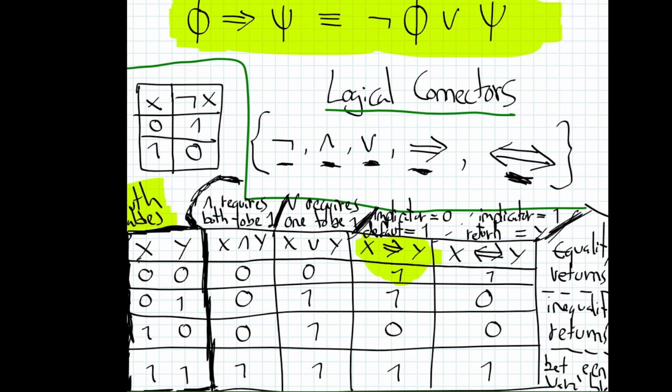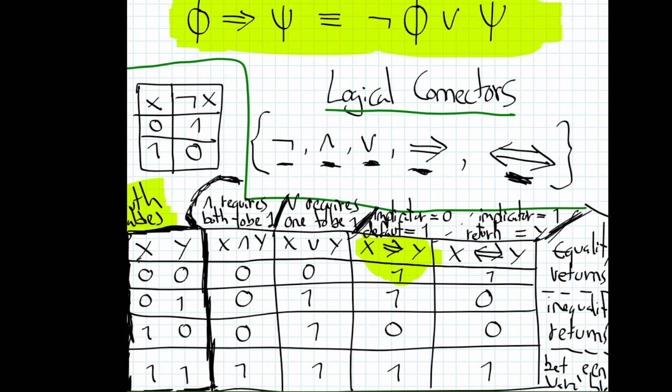If you had only one variable, that's 2 to the 1, and the result is 2. So the exponent is the number of variables, base 2 is what we have by default when we do binary operations, and the result is 2 rows, 2 combinations possible. Okay.